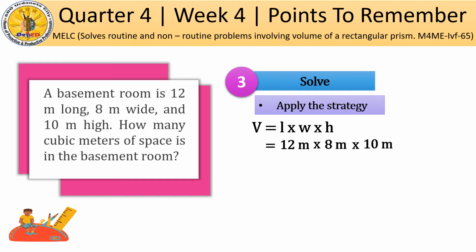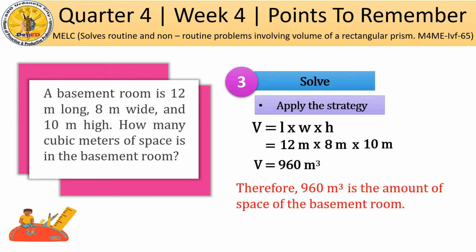So let's find the product. 12 meters times 8 meters is equal to 96 square meters times 10 meters. So the volume is 960 cubic meters. Therefore, 960 cubic meters is the amount of space of the basement room.